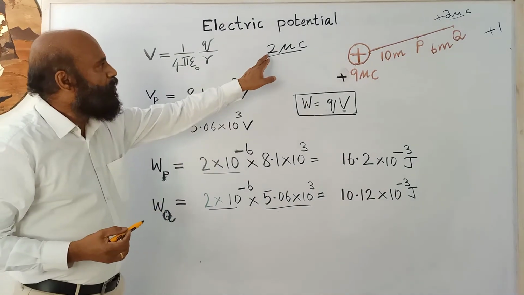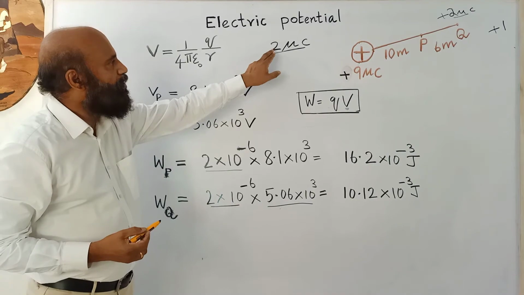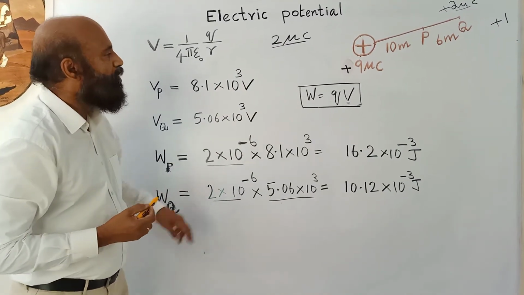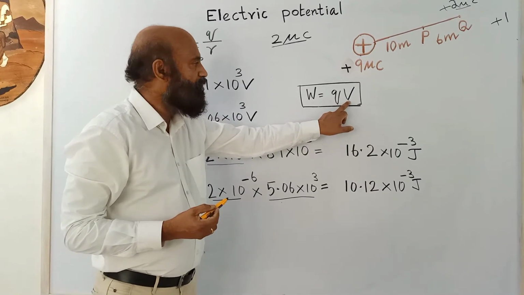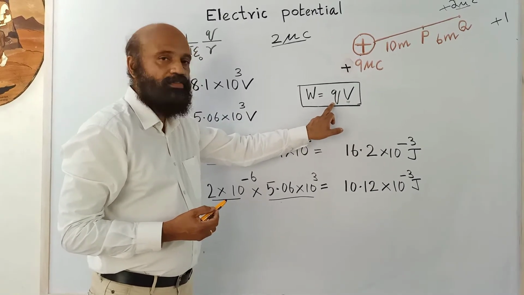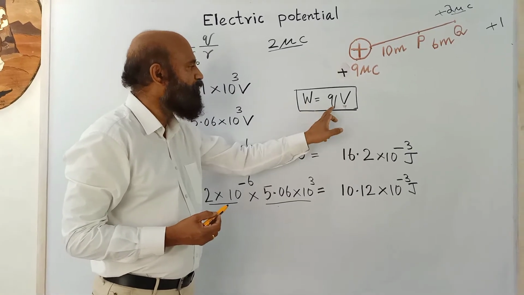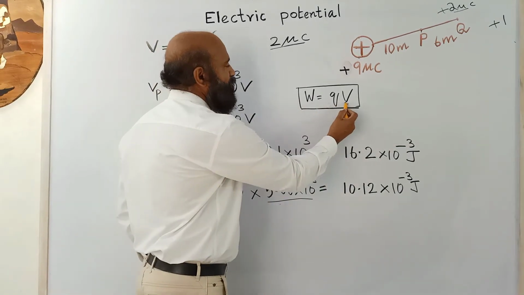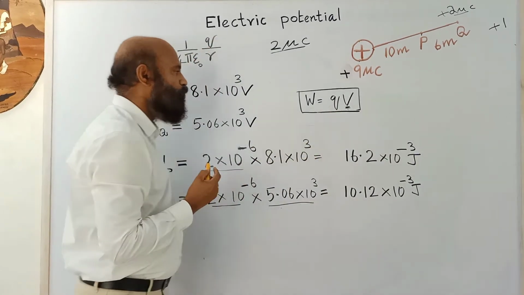Now we are asked to find the amount of work to be done to take a charge of 2 microcoulomb from infinity to the point. So potential is the amount of work done for unit positive charge. If charge Q is to be brought, we have to do Q into V. The work to be done is Q into V, where Q is the charge and V is the potential; potential is the amount of work done for 1 coulomb.